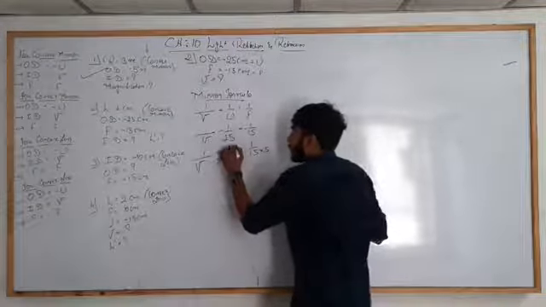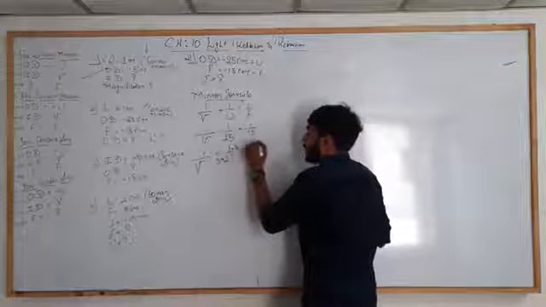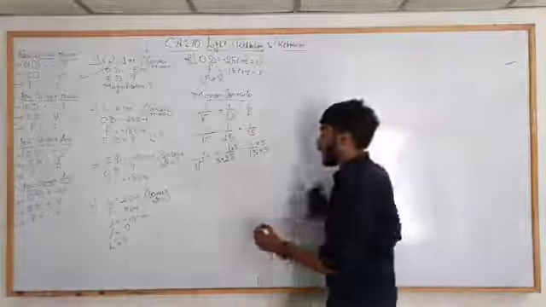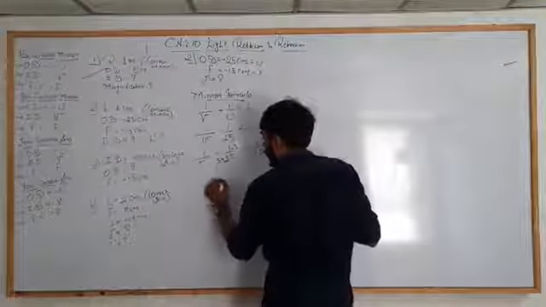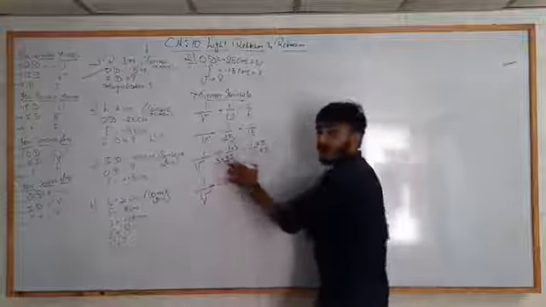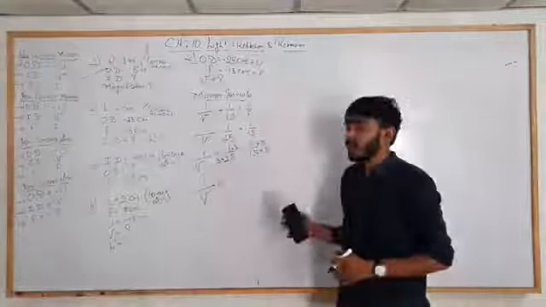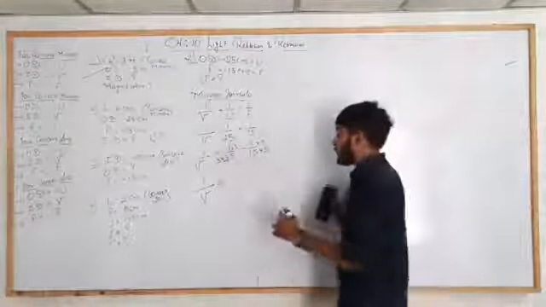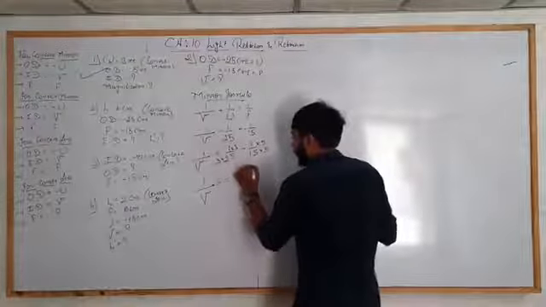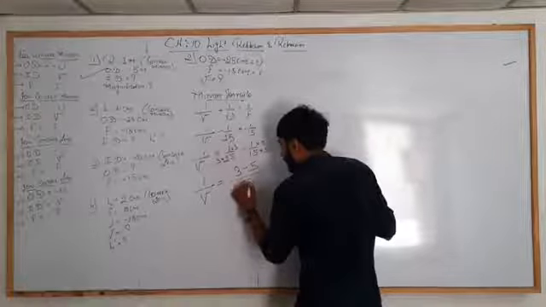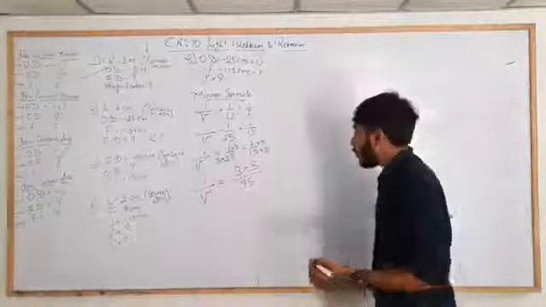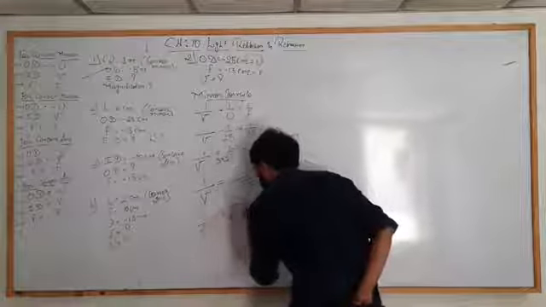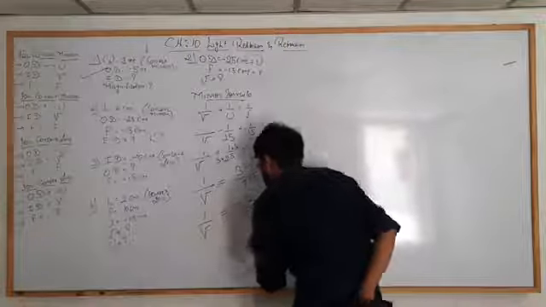So we can multiply by 3 and by 5. I hope you are clear with this. Okay, so we can write 1 upon V, keeping the base the same, because 25 3s are 75 and 15 5s are 75. So 3 minus 5 upon 75. It becomes 1 upon V is equal to minus 2 upon 75.